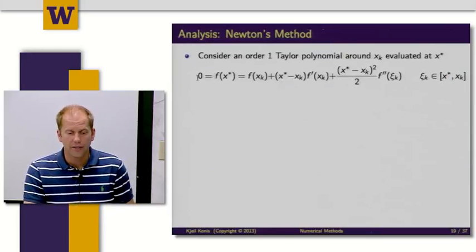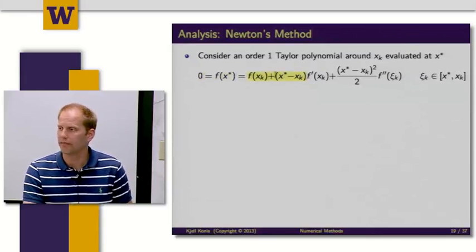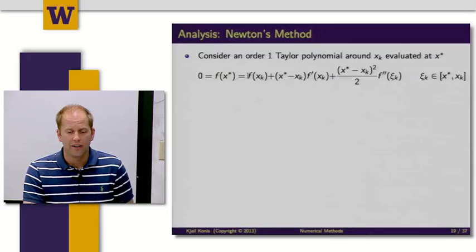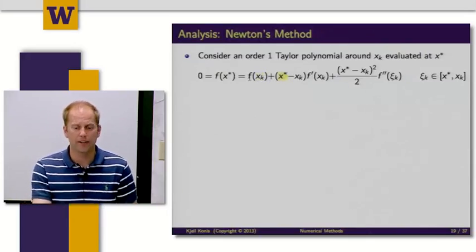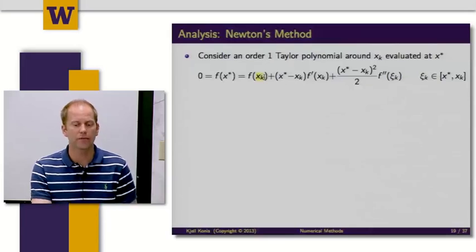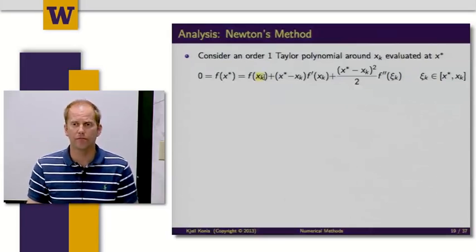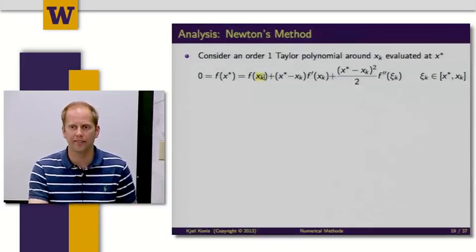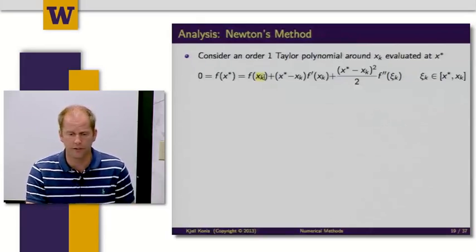All I've done here is say 0 is equal to f of x star. So I'm making a Taylor polynomial, a Taylor approximation, around the point xk for x star. These are the points I know, because they are the sequence of points coming out of my Newton's method algorithm.